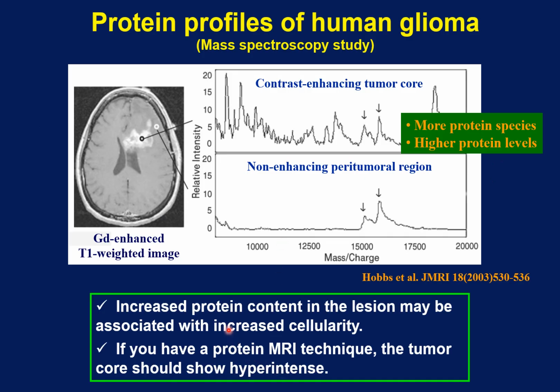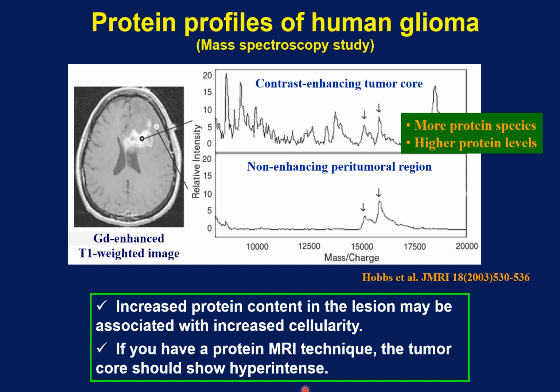This slide shows the profile of a glioblastoma, the gadolinium enhanced area and the peri-tumor area. From these slides, you can see that the tumor core with gadolinium enhancement shows much higher mobile protein levels compared to the peri-tumor area.